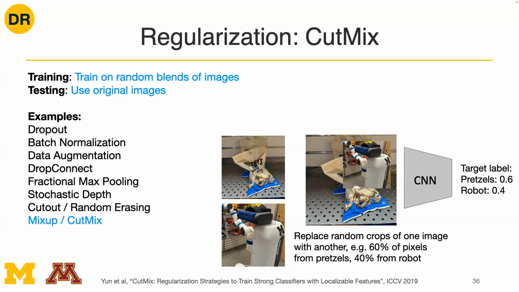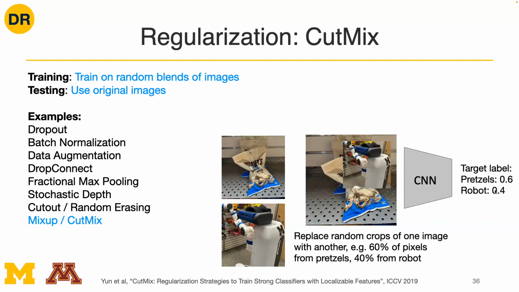Correspondingly, you might say 60% of the overall pixels in the resulting image are from the pretzel bag and 40% are from the robot, so I want my target distribution to be 60% pretzel, 40% robot. Even in this case, the top 1 accuracy is improved by incorporating this during training.